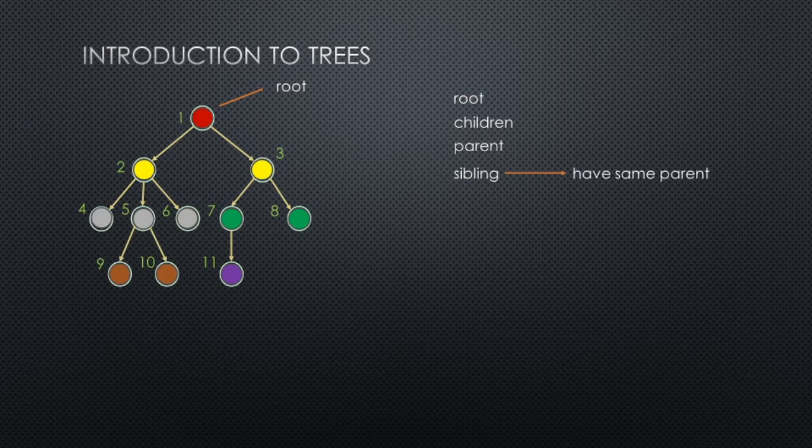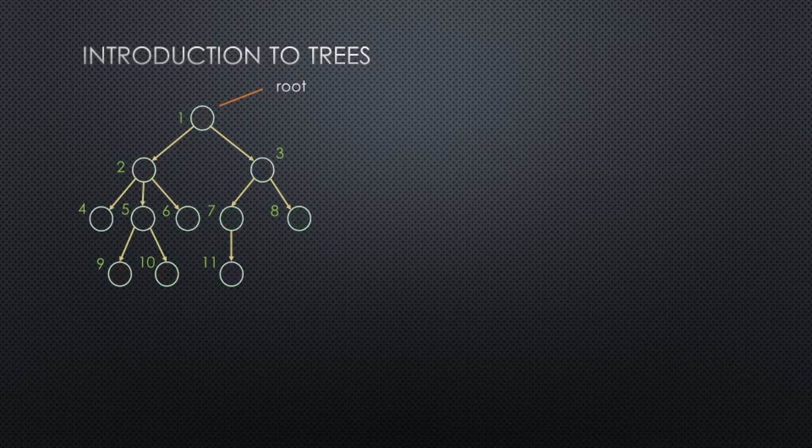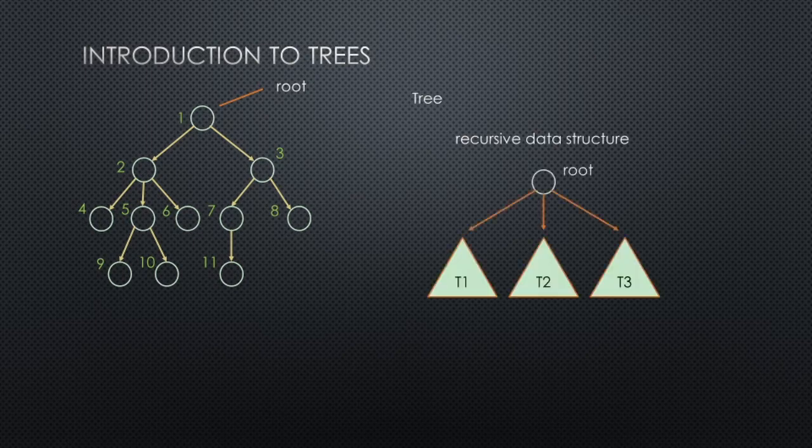Now I'll talk about some properties of tree. Tree can be called a recursive data structure. We can define tree recursively as a structure that consists of a distinguished node called root and some subtrees. And the arrangement is such that the root contains links to all the subtrees.